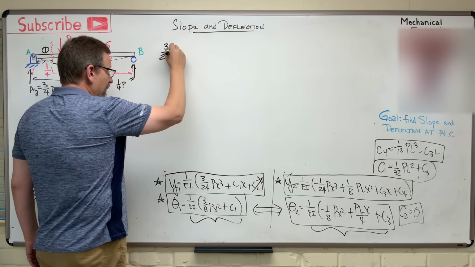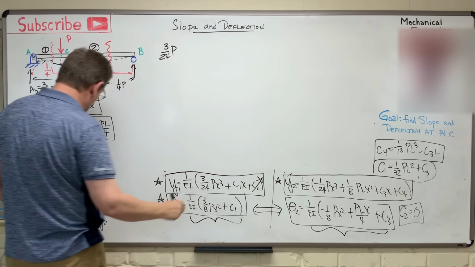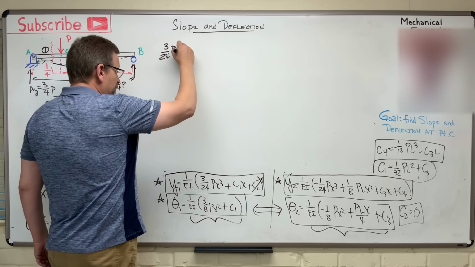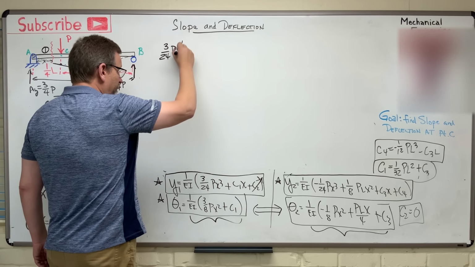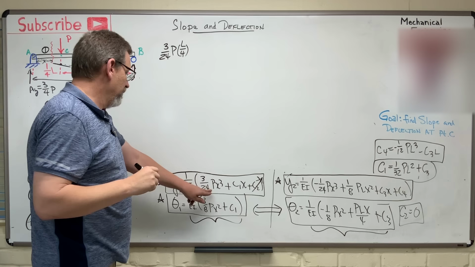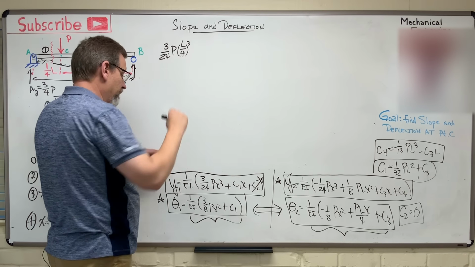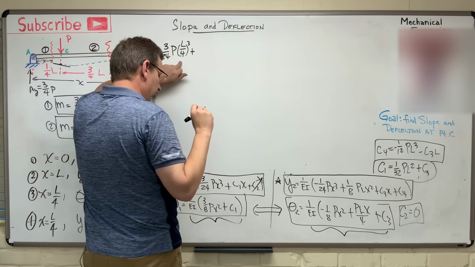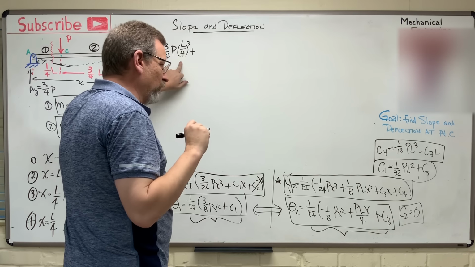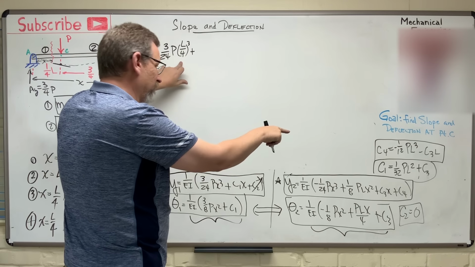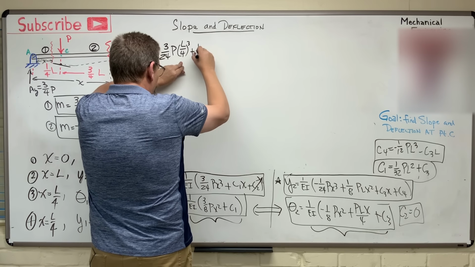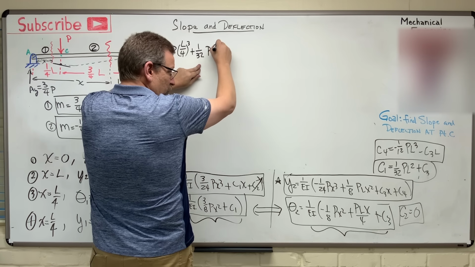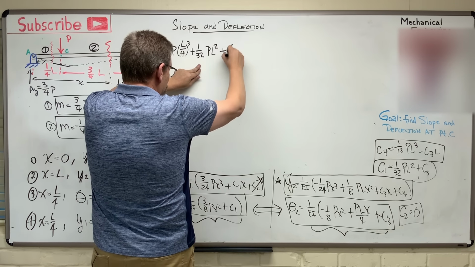3/24 P, and then instead of x, I'm going to put L over 4. Oh, and it's cubed. Plus C1x. Do we know what C1 is? Right over there. Plus 1 over 32 PL squared plus C3.